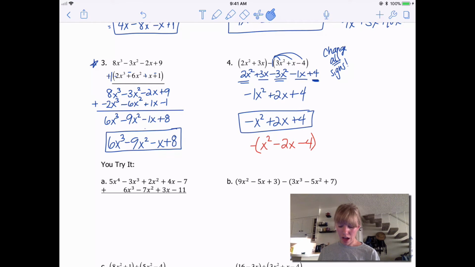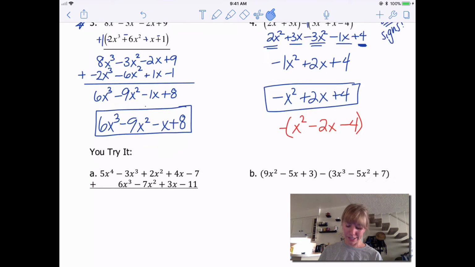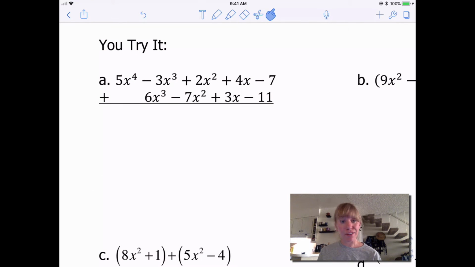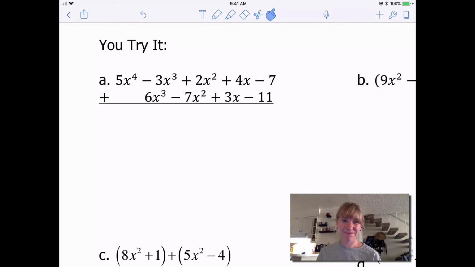Okay, I want you to try each one of these. We'll go 30 seconds to try A, and then I'll show you, and then we'll go through B, C, and D. Okay, checking your work.